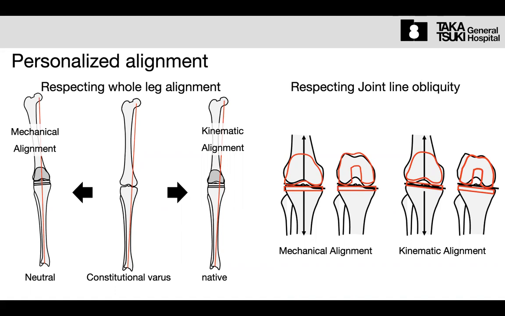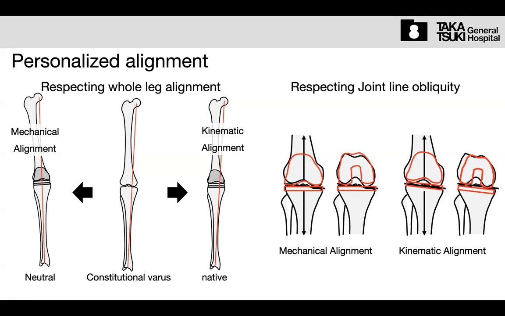If we use CR or medial pivot components, we will follow the true kinematic alignment. But if we use CPS, it must focus on gap balancing. So eventually, the posterior stabilized PS component will best match functional alignment.